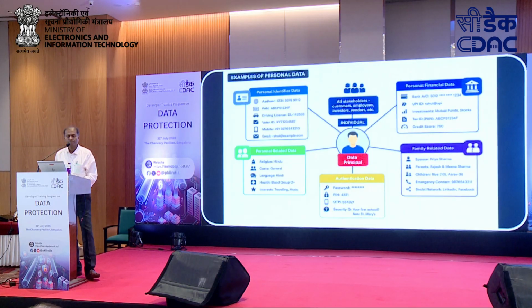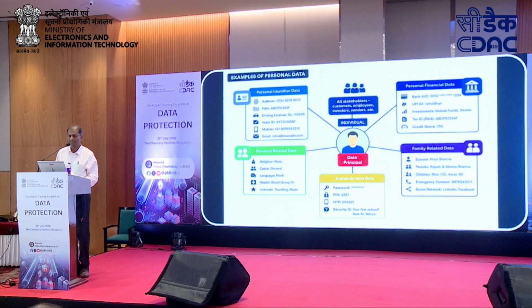When you look at an individual, there is a term called data principal, which was also introduced by your professor. The data principal is the person who is the owner of the data, except in the case of minors, where the guardians can be the data principals for the minors or children.